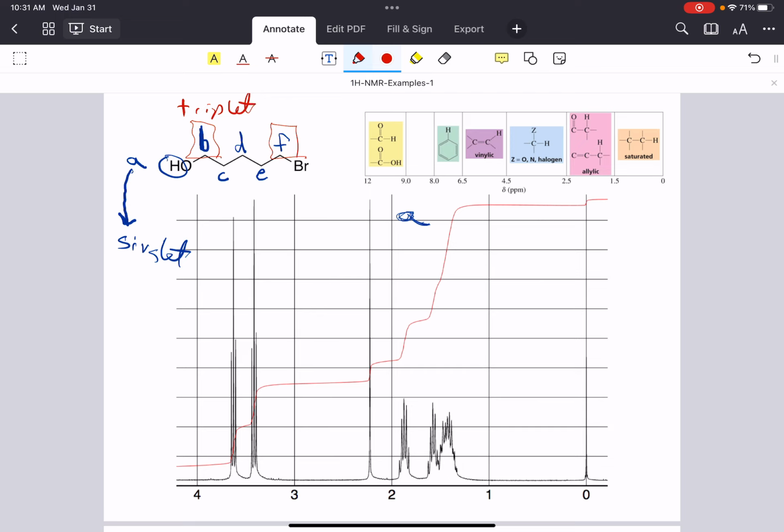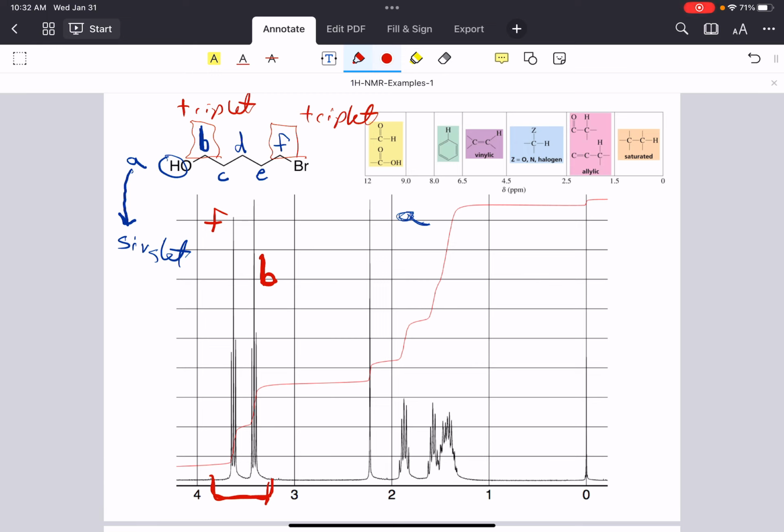F also has two neighbors, so it should also be a triplet. And if I look in the spectrum, we've got two triplets here between 3 and 4. That's consistent with those hydrogens being on a carbon next to those electronegative atoms. Bromine's more electronegative than oxygen, so I would expect the farthest downfield peak to correspond to F, a triplet. The next farthest downfield peak should be B, a triplet attached to the oxygen. Okay?